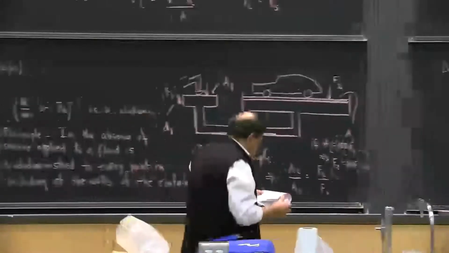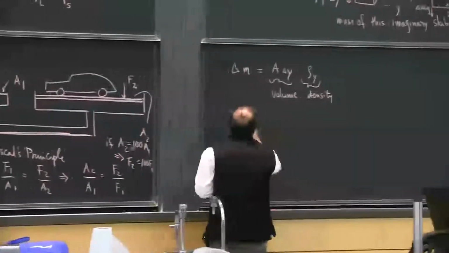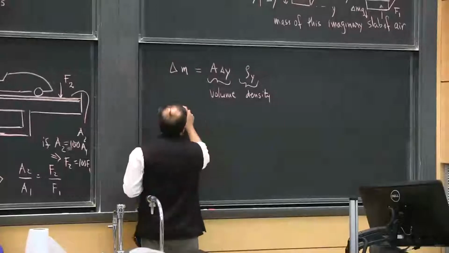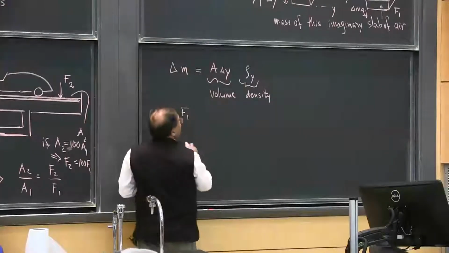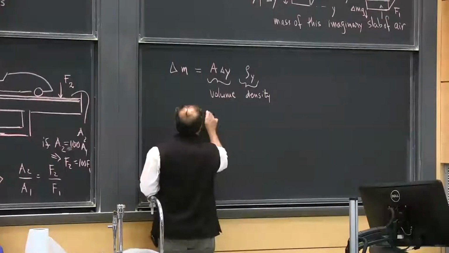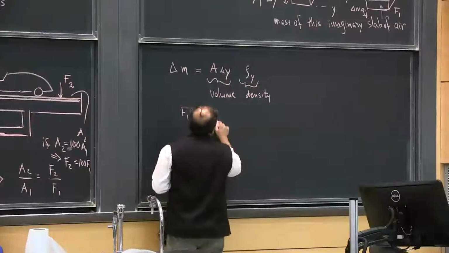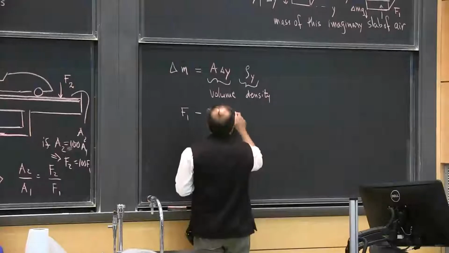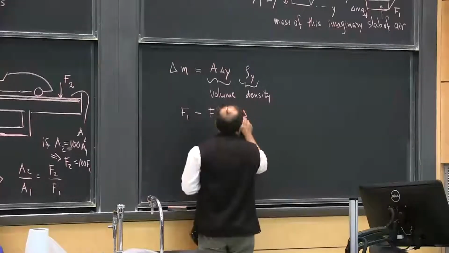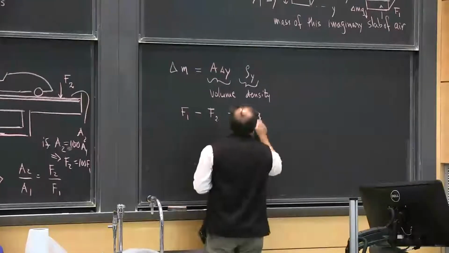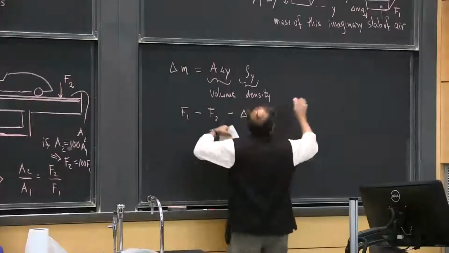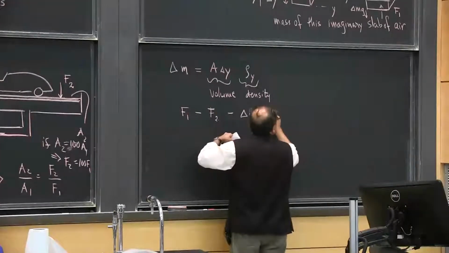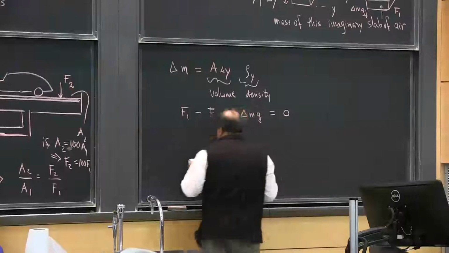So I should be able to write a force law. The upward force is F1, the downward force is F2, so I would put a minus sign, and there is another downward force which is minus delta m times g, and since this imaginary slab of air is at rest, that must be 0.